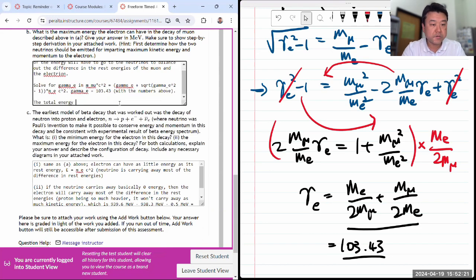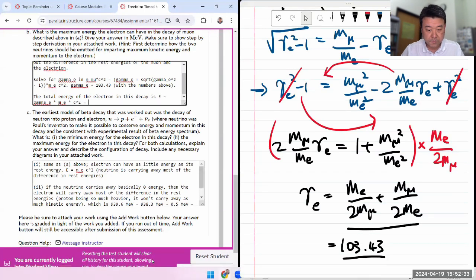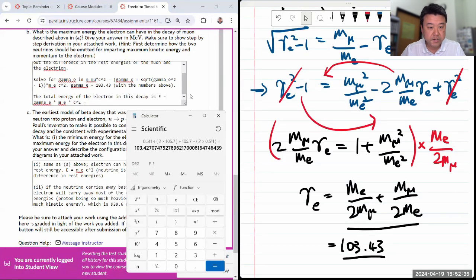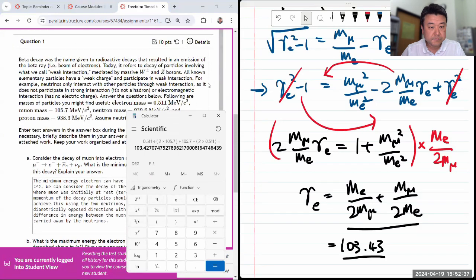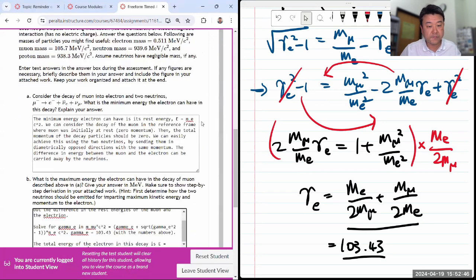The total energy of the electron in this decay is equal to gamma E times me times c squared, which is equal to, let me do this calculation. So gamma E times 0.511, so 52.85.